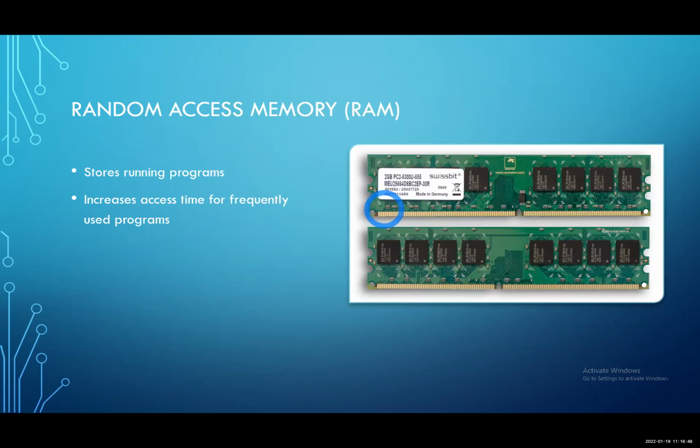Then we have RAM, or random access memory, which stores all of your running programs or user programs, and it decreases the access time, right? So the faster your RAM, typically the faster your computer will run in terms of your programs. If you think about gaming systems, they'll have RAM that's shared between the GPU and the CPU.